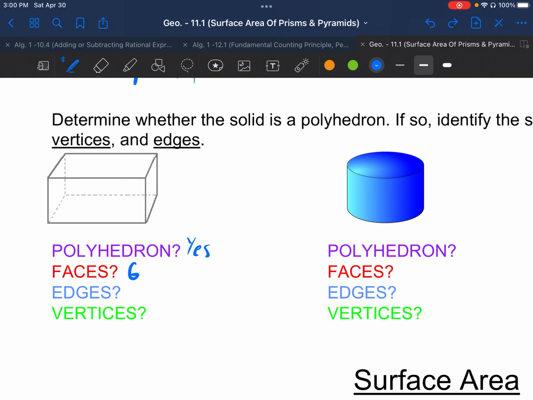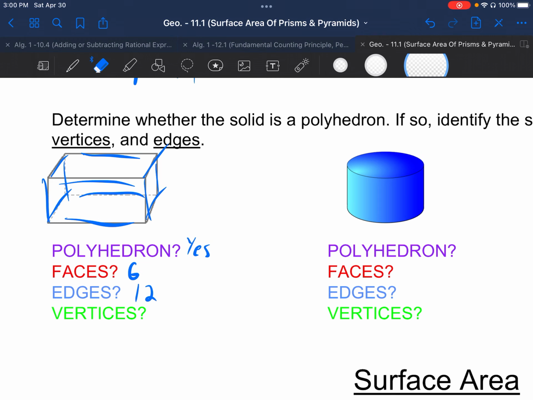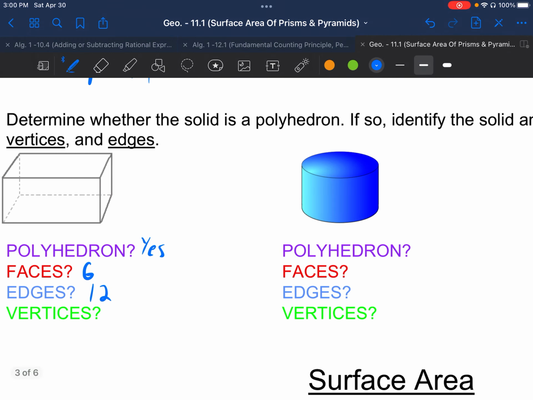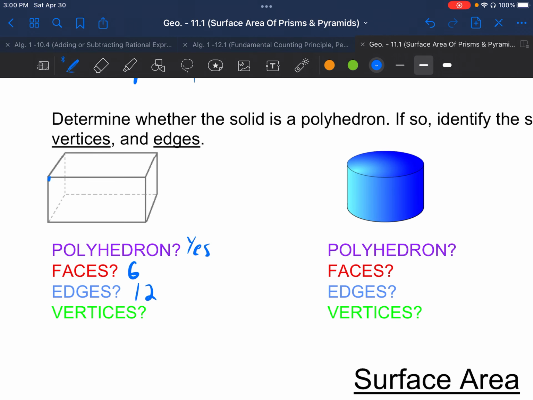Edges, well, it's basically counting the line segments. So you've got 1, 2, 3, 4, 5, 6, 7, 8, 9, 10, 11, and 12 of them. Now we have to figure out how many vertices there are. So let's count those as well. We've got 1, 2, 3, 4, 5, 6, 7, 8, and that's all of them. So there's just 8 vertices.